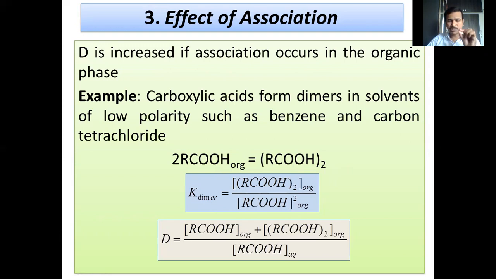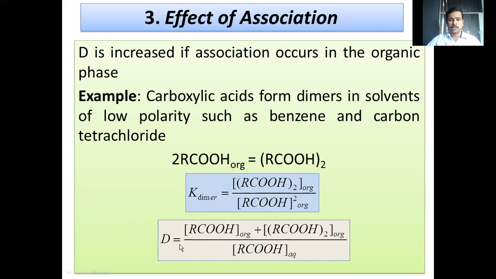Dimerization happens after the extraction of the carboxylic acid. So the dimerization constant expression tells us about the ratio of the concentration of the dimer to the concentration of the carboxylic acid, or the substrate, or the species, or the analyte.